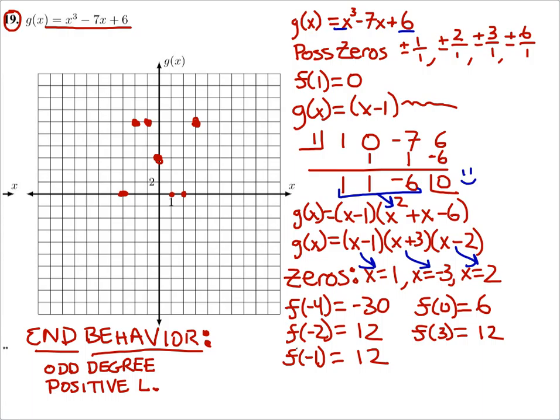And it has a positive leading coefficient because the leading coefficient is the 1, the invisible 1 in front of the x to the third. Together, both those things mean that the end behavior arrows are going to be like that. It's going to go to negative infinity when x goes to negative infinity, and the function will go to positive infinity as x goes to positive infinity.